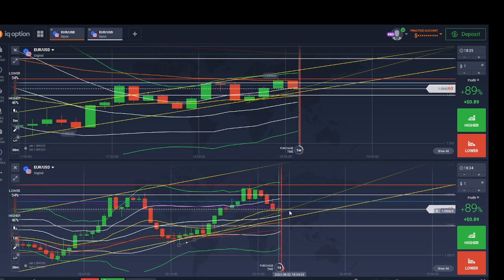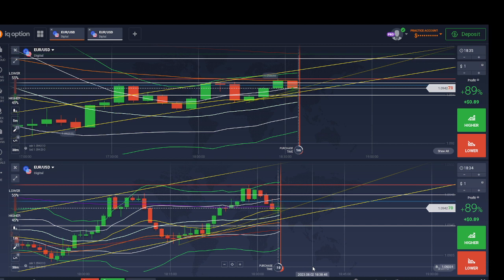Yeah. So let's allow it to come down to the third trend line, if at all, before making a move.